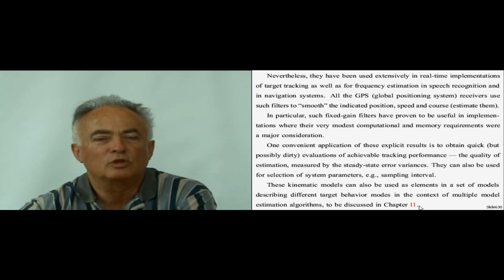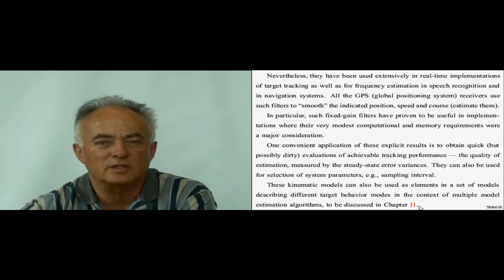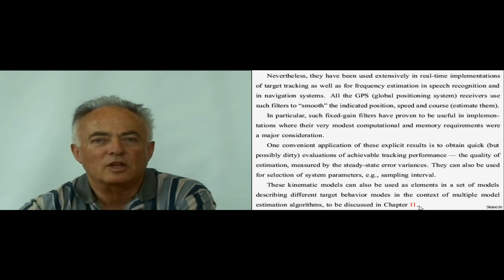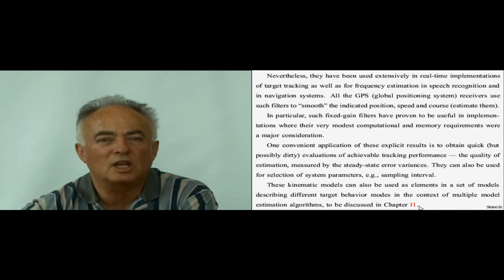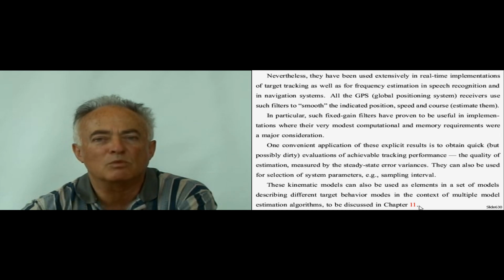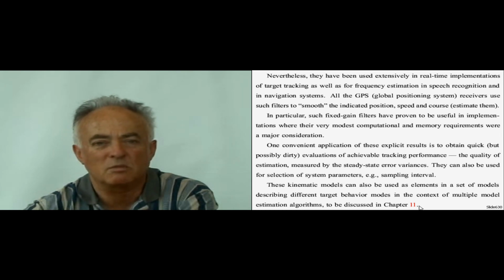They were shown to be stable, it turns out, under exactly the same conditions that when they are derived based on Kalman filter steady state solutions, they give you exactly like the alpha between 0 and 1, beta between 0 and 2 are exactly the conditions for these filters to be stable. So the original deterministic derivation now has been supplanted by a stochastic Kalman filter based derivation, because this really indicates also how to select the parameters and how we can use them in more sophisticated adaptive estimation algorithms.